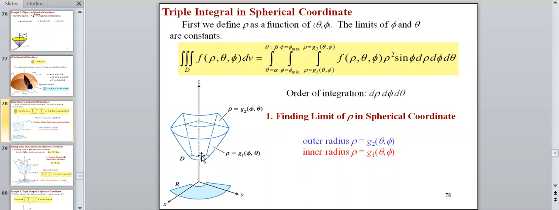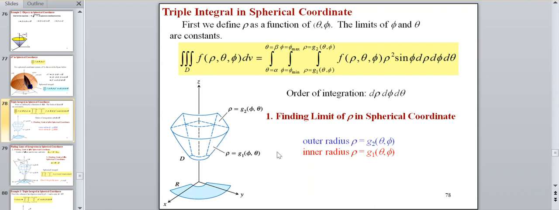Because we are using a spherical coordinate system, the equation of the inner must be such that rho is a function of phi and theta, like g1 of phi and theta, and the further one, the outer radius, rho equals g2 of phi and theta. So to cover the region D, rho is from inner radius to outer radius. This is for rho.